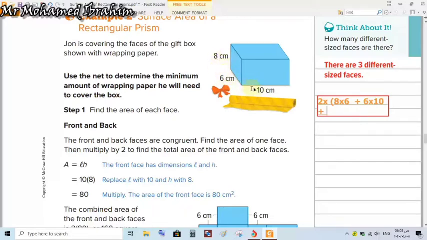We need here 8 times 10. Then close your brackets. Let's do it together. So this will equal, I will try to make it bigger for you.